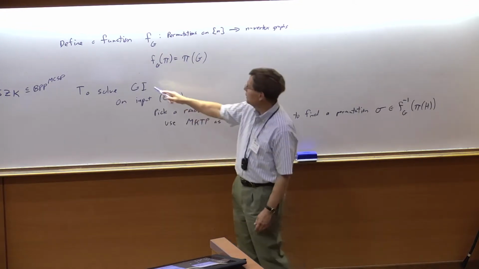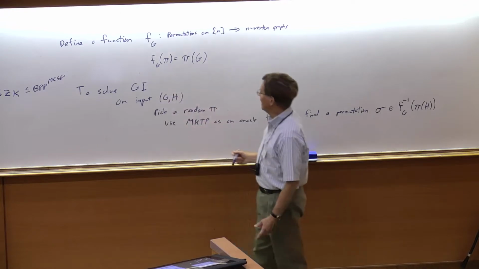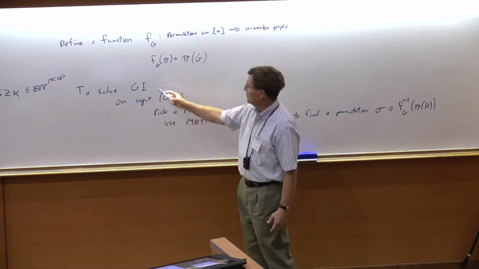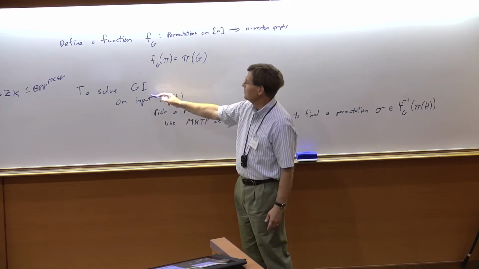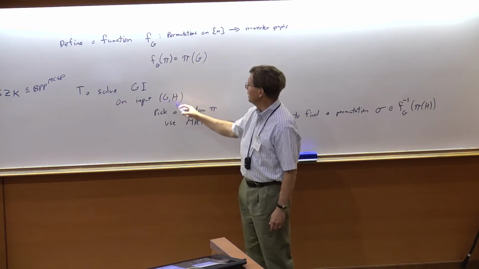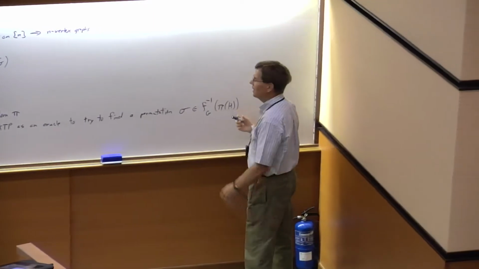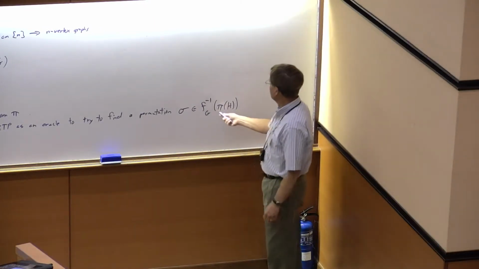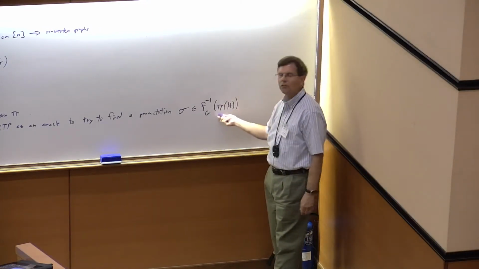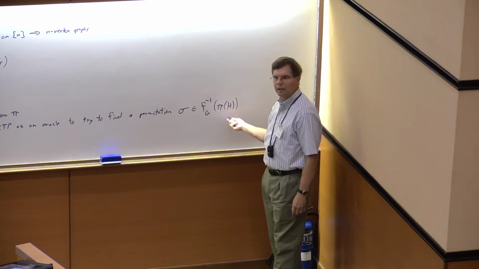In particular, what we're using here is the fact that given any pair G, H, we can reduce the problem, are these isomorphic, to a question about inverting a function on a uniformly sampleable element of the range.